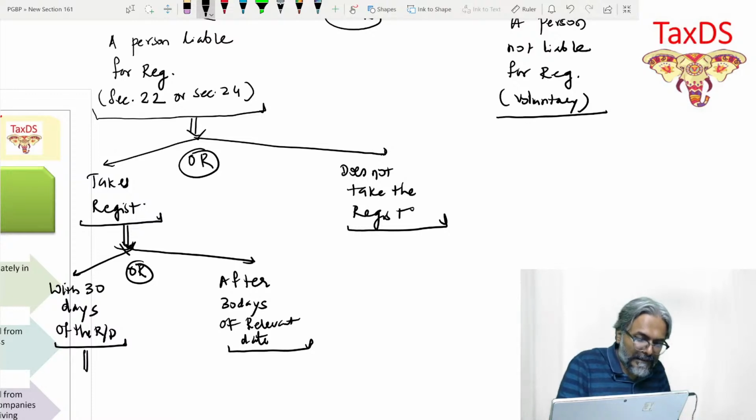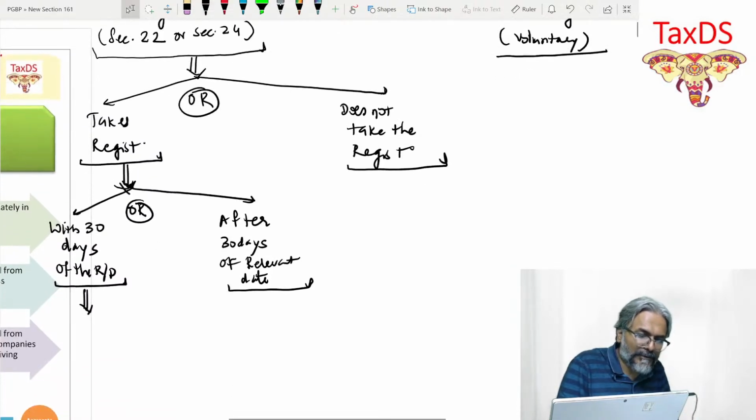Now, if he is taking the registration within 30 days of the relevant date, students, in that particular case, can you see, the effective date of registration will be what? It is backdated.